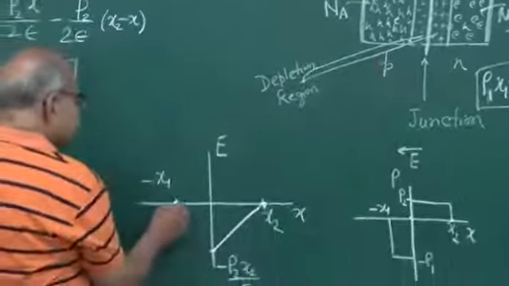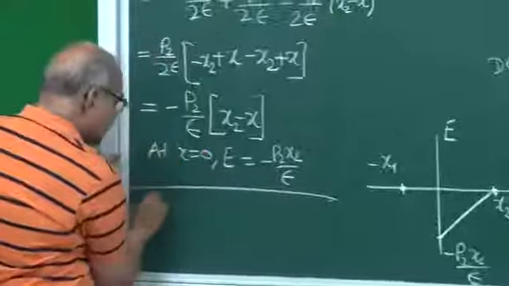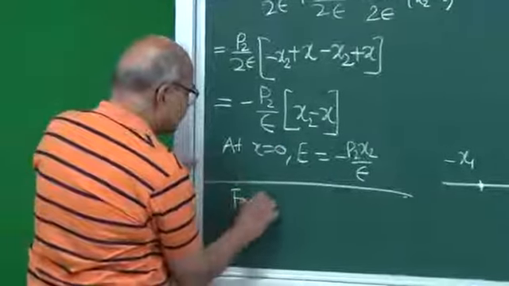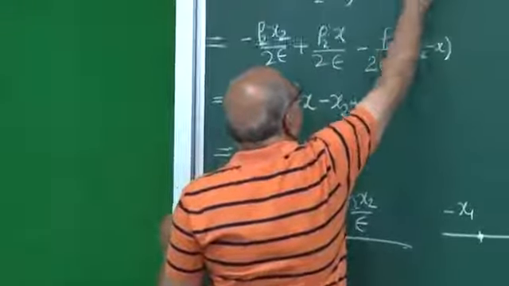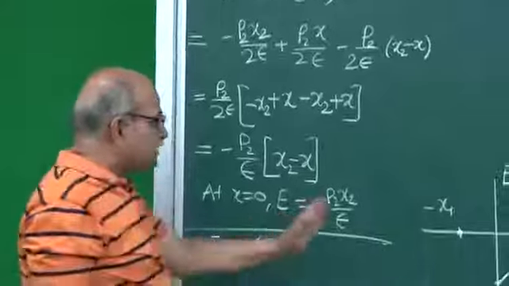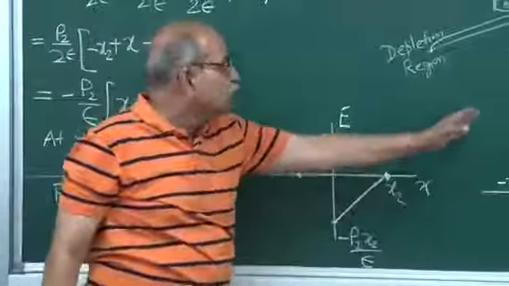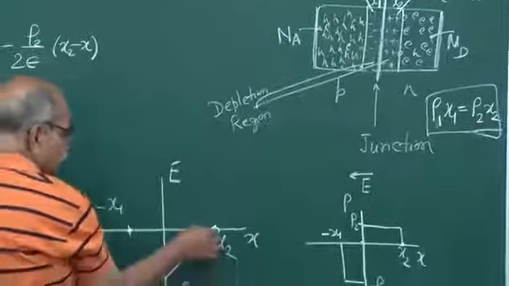So the electric field will be 0 here, and this is for x less than 0. This was for x greater than 0 in the depletion region, remember. After the depletion region, after x2, there is no electric field, and it just goes like this.